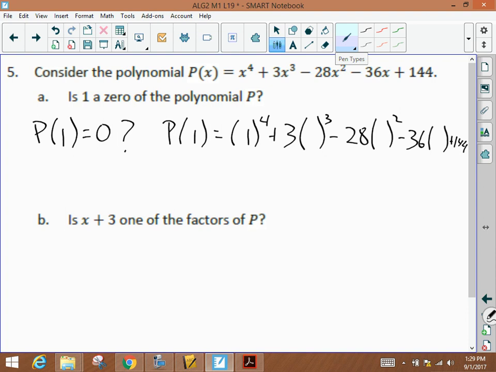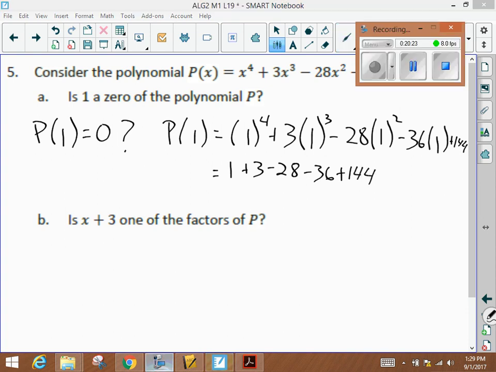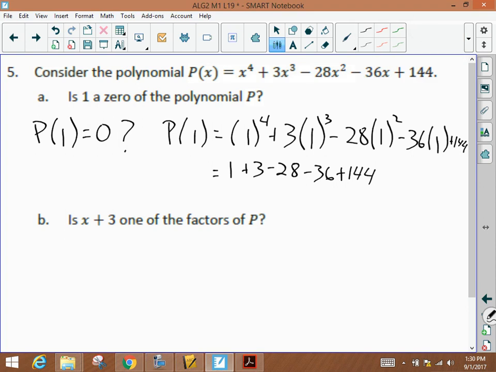Is 1 a 0? So is p of 1 equal to 0? Well, is that true? What's this? 1 plus 3 minus 28 minus 36 plus 144. And that should be 84. So then is p of 1 equal to 0? No, p of 1 is equal to 84. So my answer would be no.